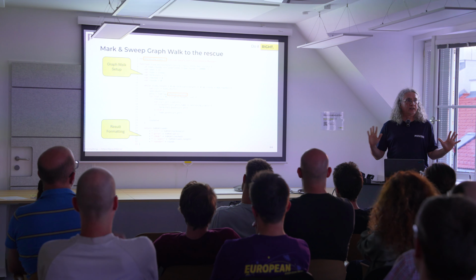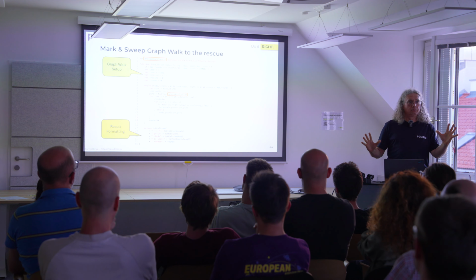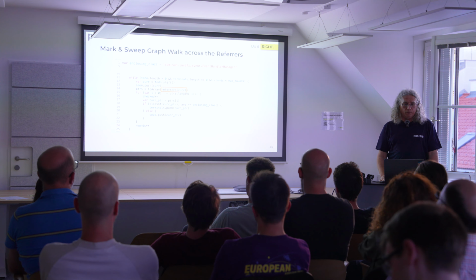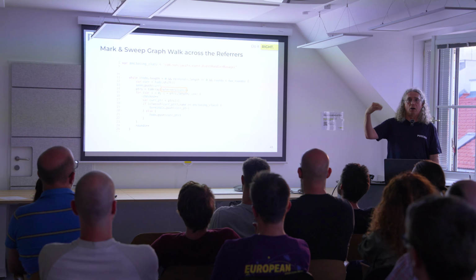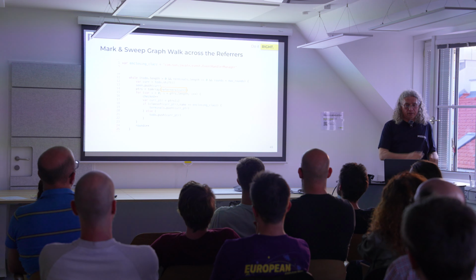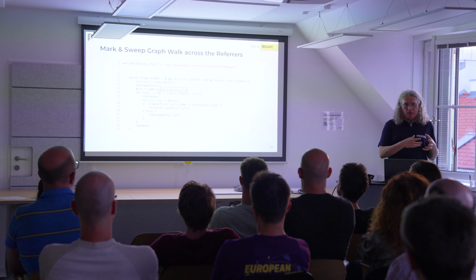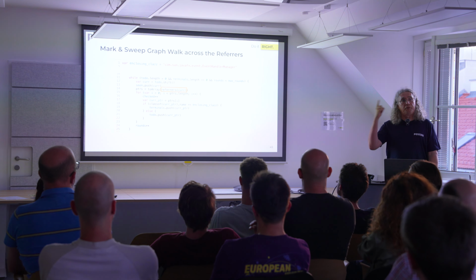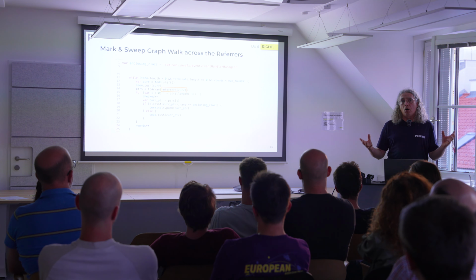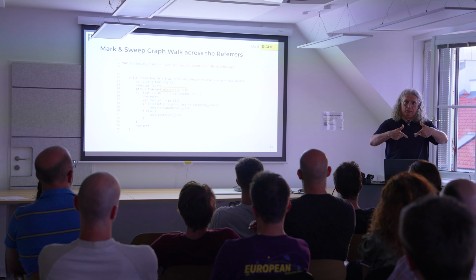Anybody a little bit shaky on graph walking? Nah, we're all good, right? Okay. So what are we doing here? We're basically seeding our search space with the endpoint of the pin object, and then we use the refers function that our heap API gives us to give all of the pointers back that point to that, right?